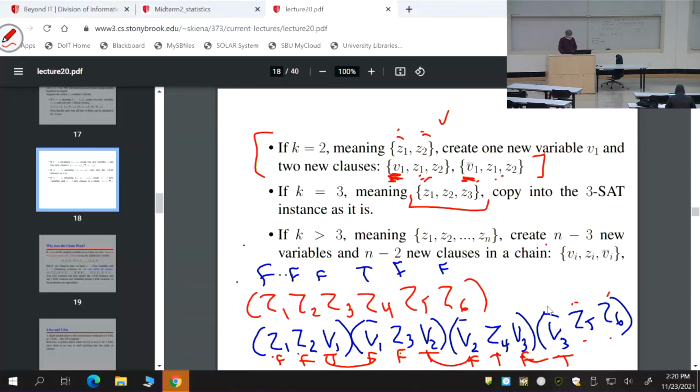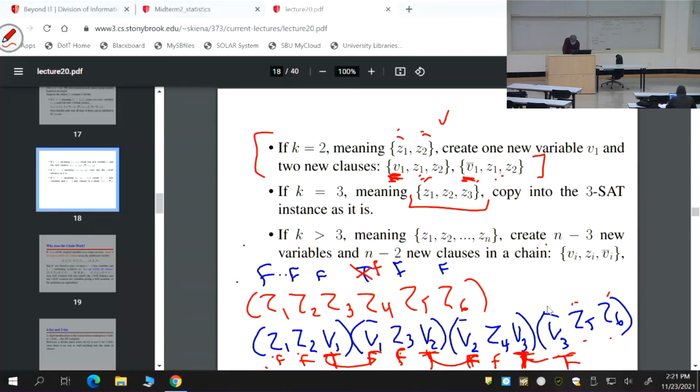What happens if none of them were true? What am I going to do? False, false, true. I'll save it. That makes that false. That makes that false. This I'll make true to save it. False. Let's say that this time this was false. The only thing I could do was make that true to save it.